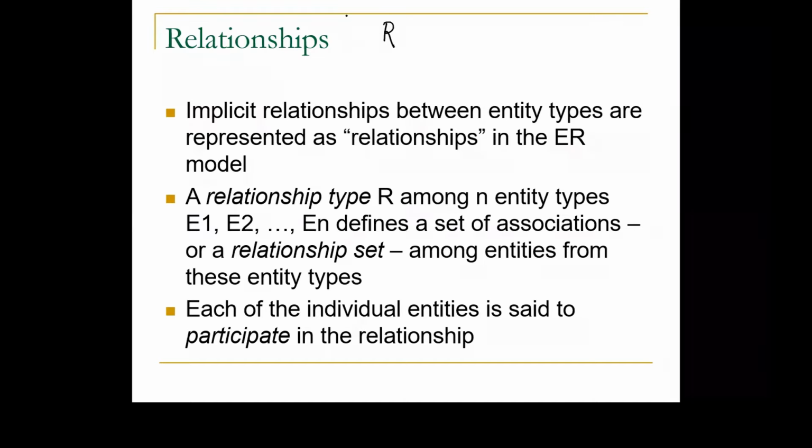This is called the relationship type, capital R, among n entity types E1, E2 until En, defining the set of associations, or the relationship set, among entities from these entity types. As for entity types and entity sets, a relationship type and its corresponding relationship set are customarily referred to by the same name R.